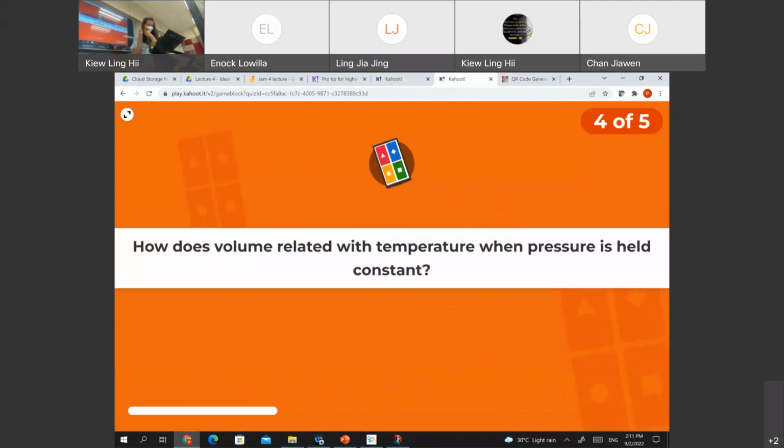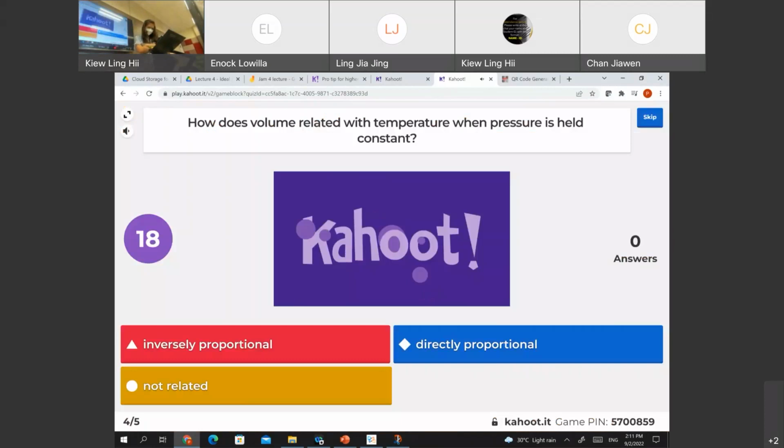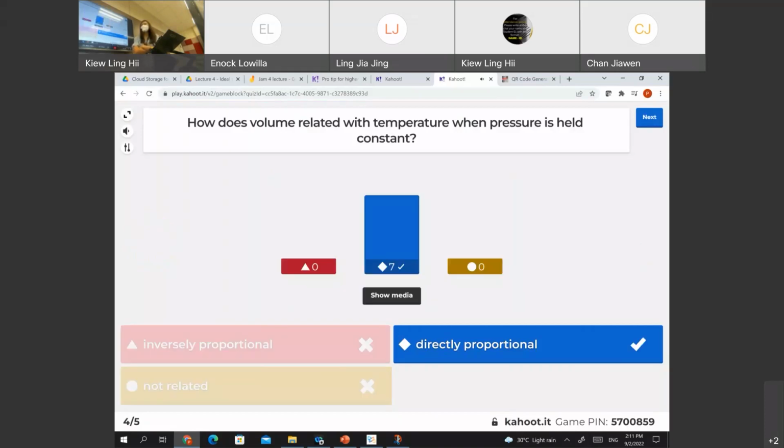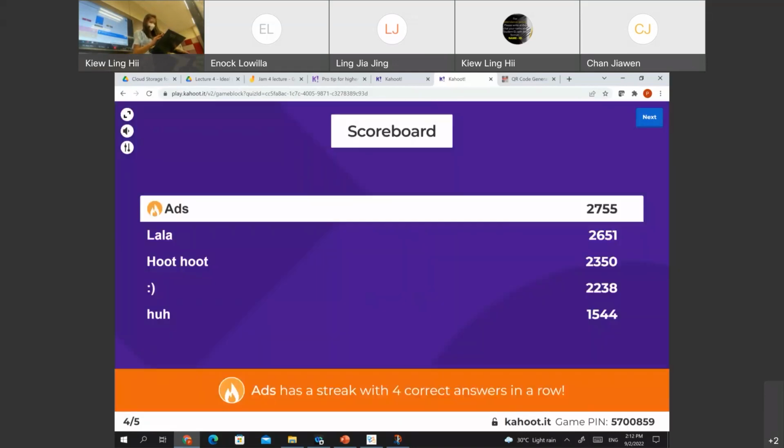Now how about volume and temperature? Very good, directly proportional, also from PV equals nRT. If P is constant, V and T are directly proportional. Very good.